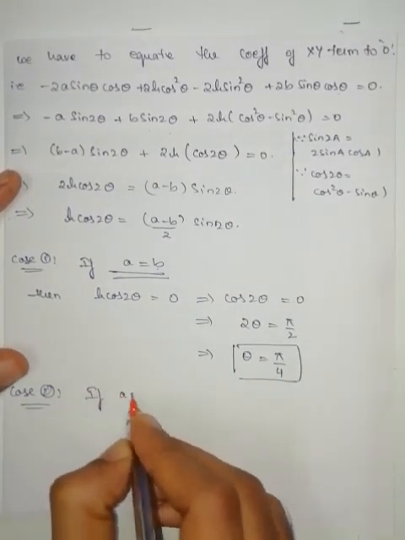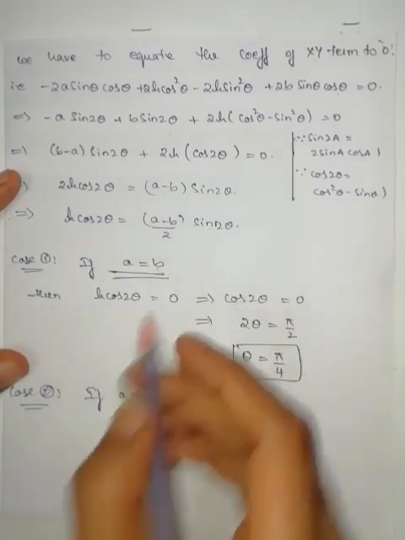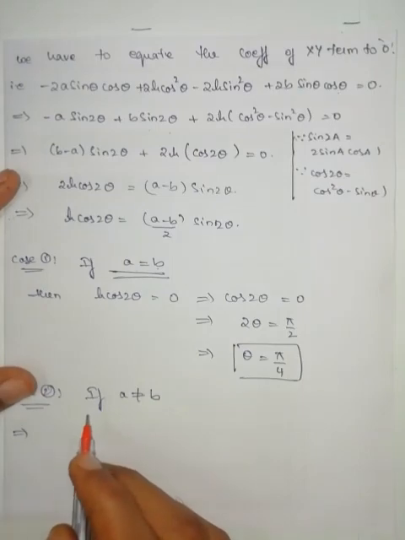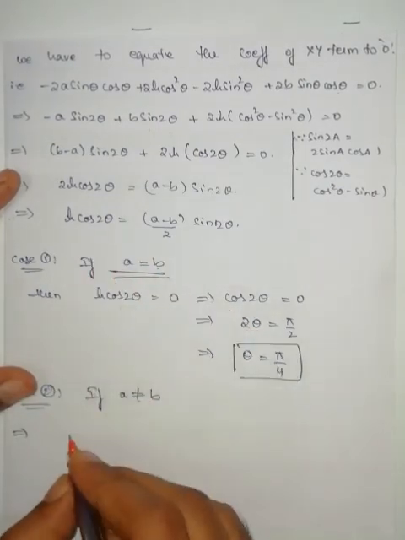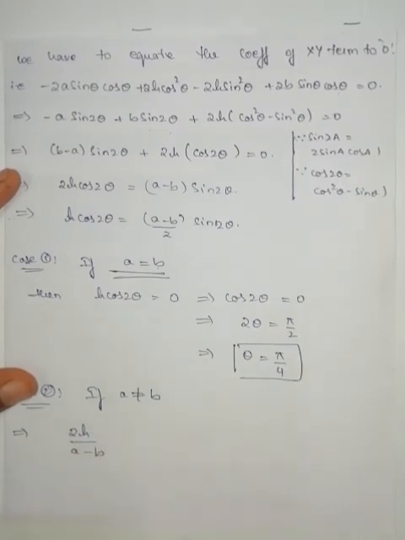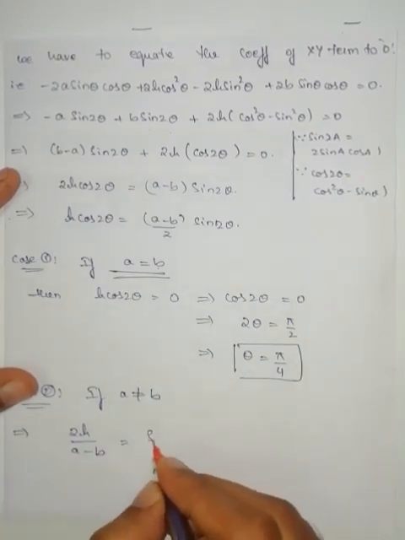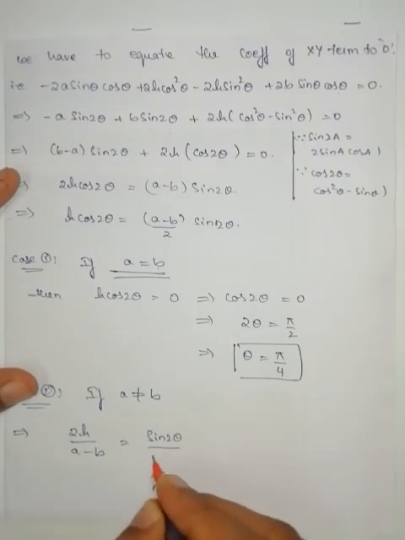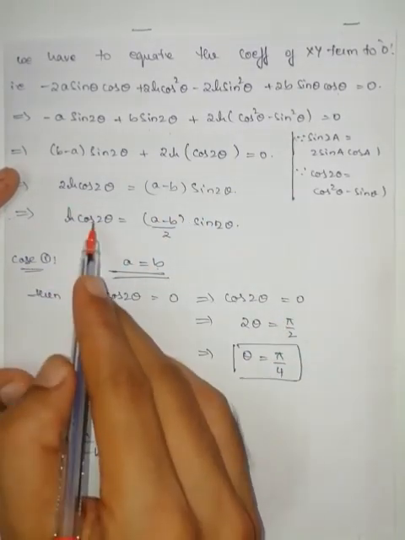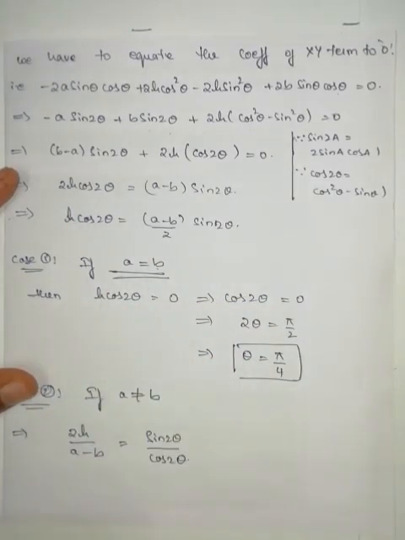Case 2. If a is not equal to b, then this one becomes 2h by a minus b is equal to sin 2 theta by cos 2 theta. Just cross multiplied. I centered this cos here and centered this here.